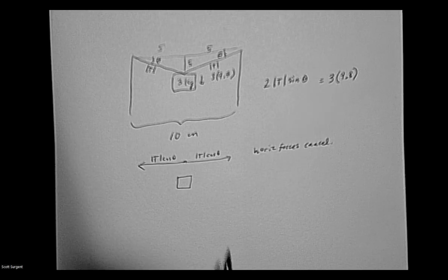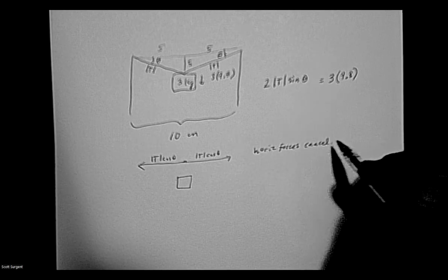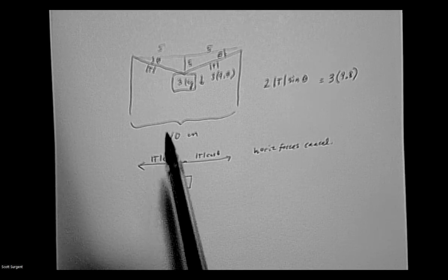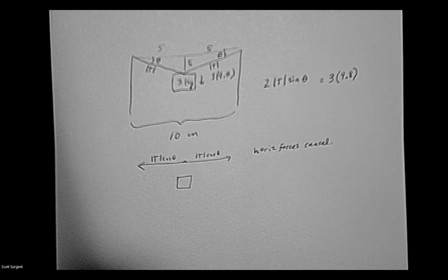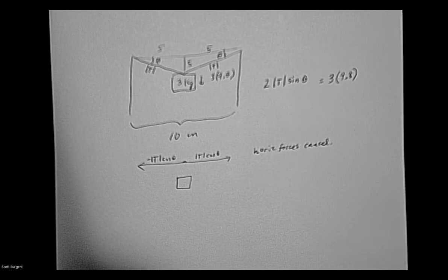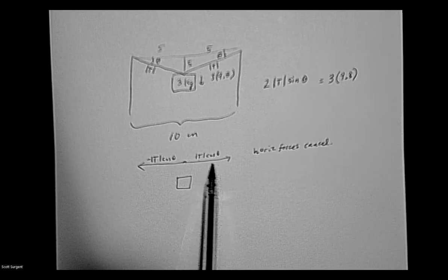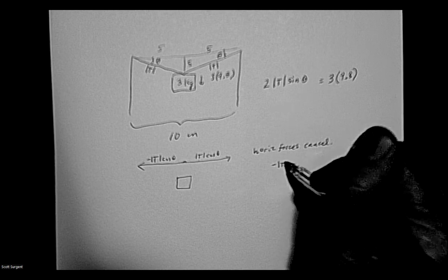And because this is symmetric, you can assume that these are the same tensions, just pointing the other way. Another way to argue that would be if I use the normal XY axis system, I put a little negative sign in front of this one to indicate that it's going left, and this one will have a plus sign going right. And when I add them, I get 0 as expected.